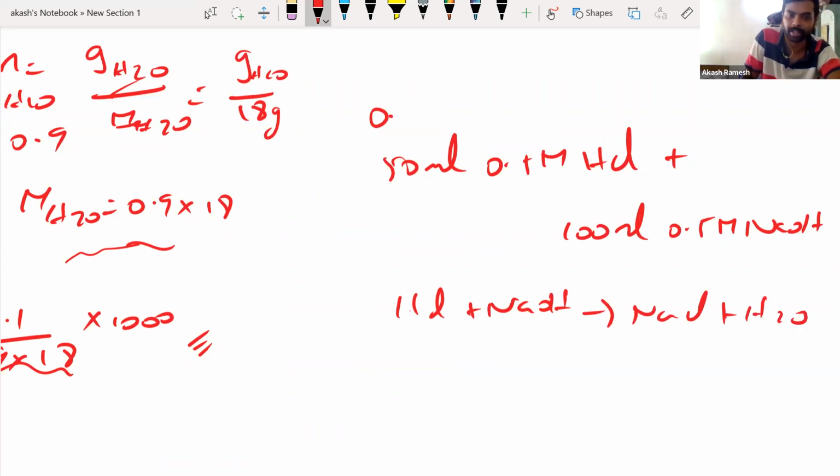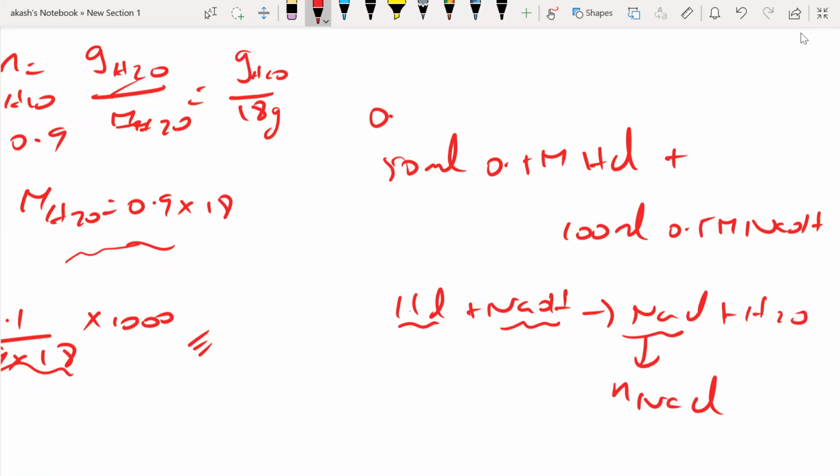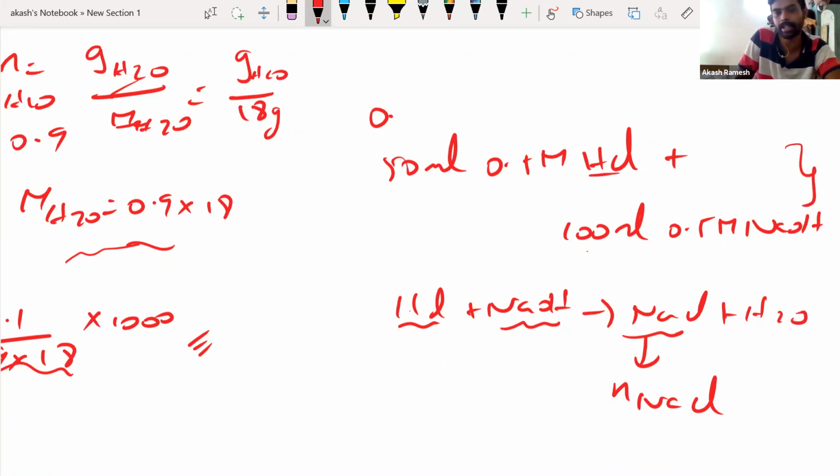I know this equation, correct? Now, you know this information. They will ask you to find the number of moles of HCl. That can be asked. But mixing this and this and calculating the molarity of the solution? No, it doesn't exist, because when I mix these two, they're going to react and form a new compound. I can find the molarity of the new compound, yes, absolutely. But these two different solutions mixing and just calculating the molarity will not work.